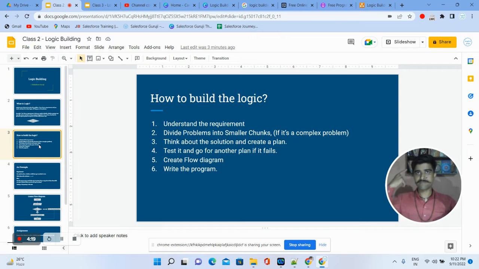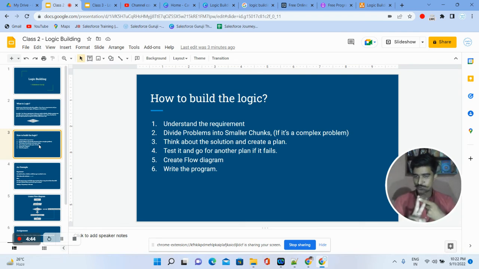For that, America will require a visa. So how can you get the visa? First you can divide the visa process in one way, and when you actually go there, that you can divide into a different chunk. So this is how you can divide your problem into multiple chunks.